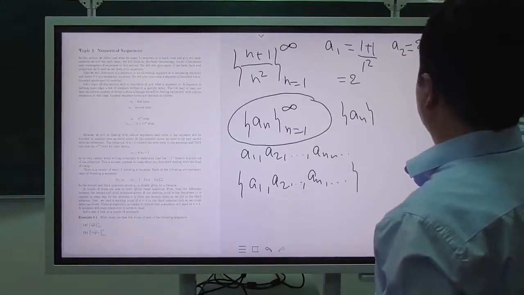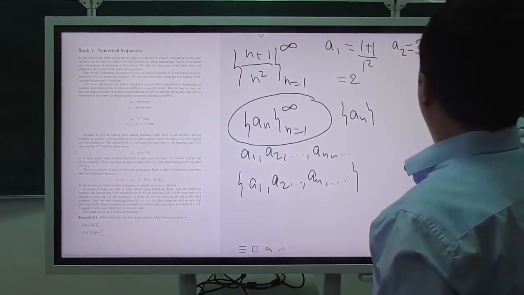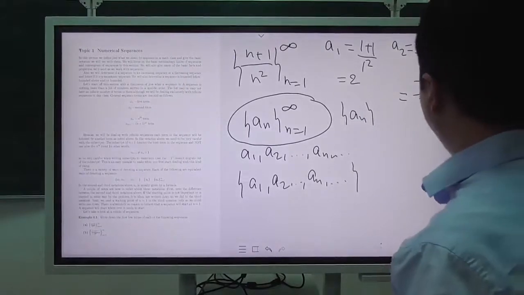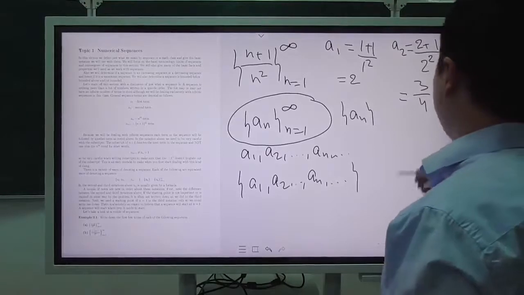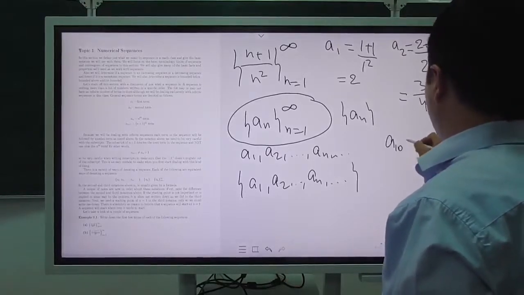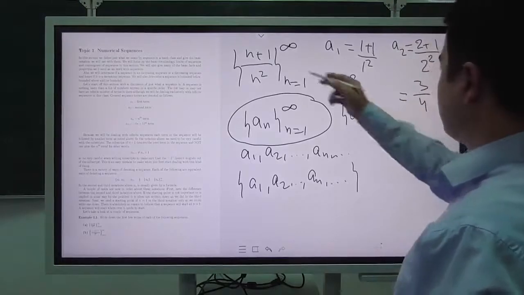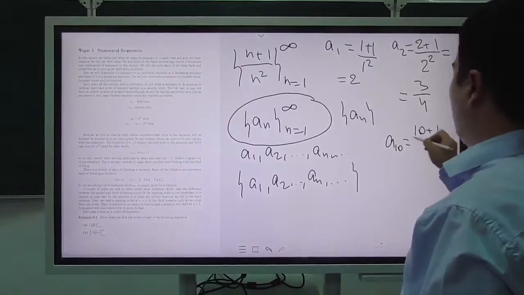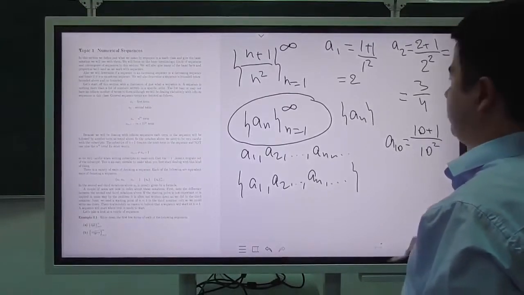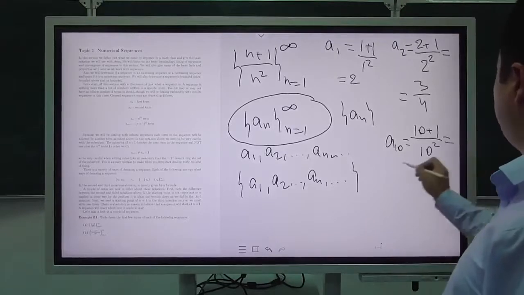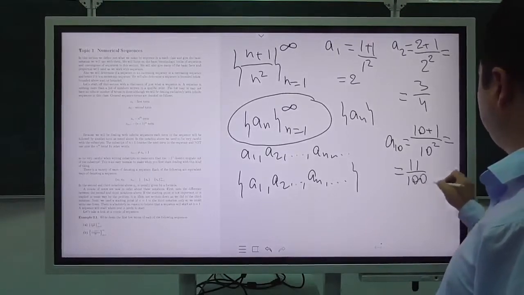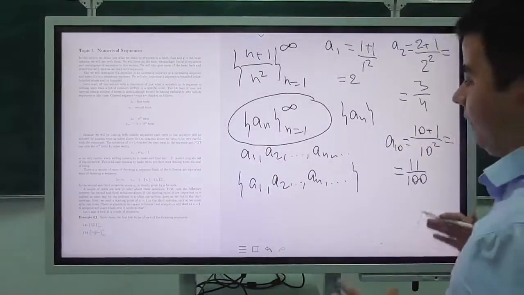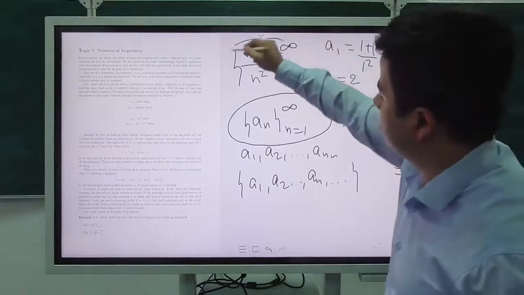So (2 plus 1) over 2 squared. So it is 3 over 4. And the next one, for example, we can write a10. Instead of n, we need to put 10. (10 plus 1) over 10 squared. So the answer is 11 over 100. And so on. We can continue. So these are a few terms of this sequence.